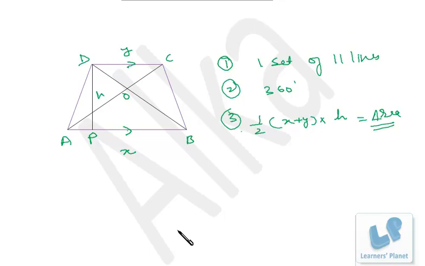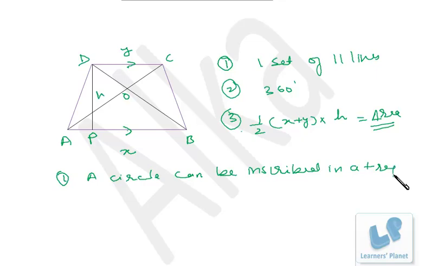Now friends, we have some interesting facts related to trapezium. The first is, a circle can be inscribed in a trapezium only if the sum of parallel sides is equal to the sum of non-parallel sides.